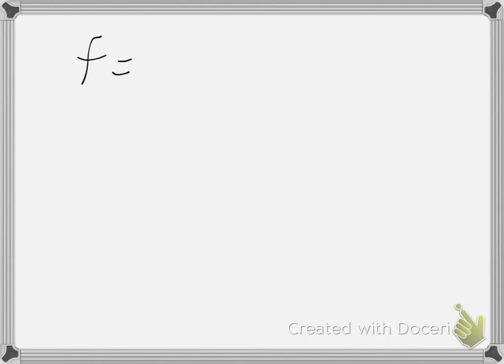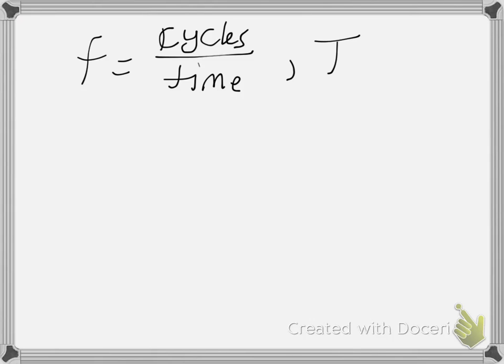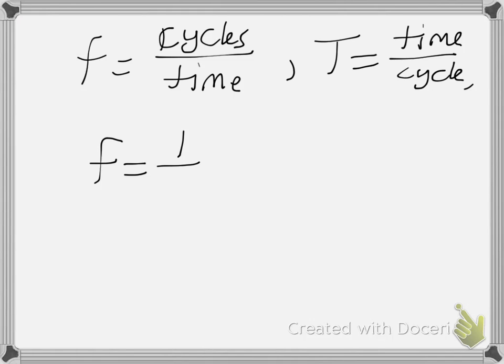Frequency is cycles per time, whereas period is time per cycle. So they're inverses. The frequency is going to equal 1 over the period, and the period is going to equal 1 over the frequency.